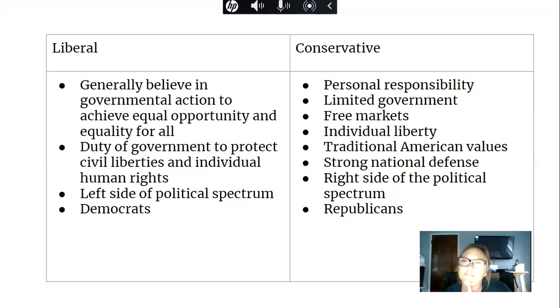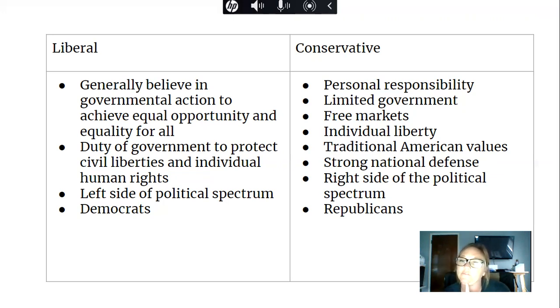On the other side of things, when it comes to conservatism, conservatives tend to believe in personal responsibility and limited government as opposed to government involvement. They would prefer smaller government and individual ruggedness, making your own way in the world, not relying on the government for certain things.